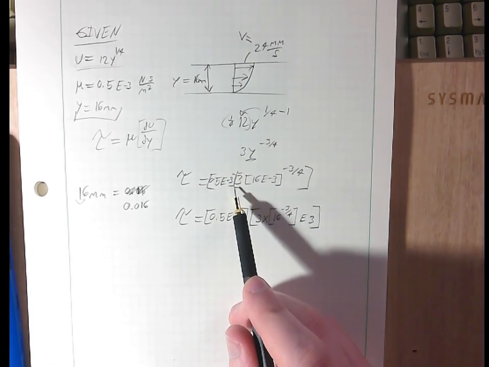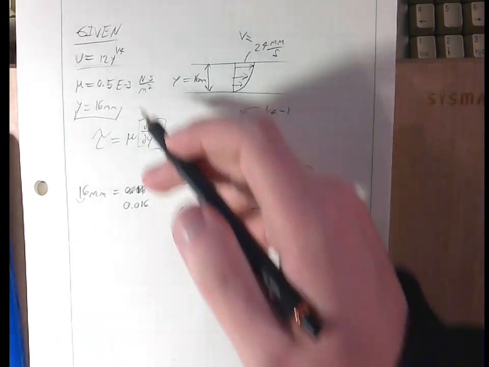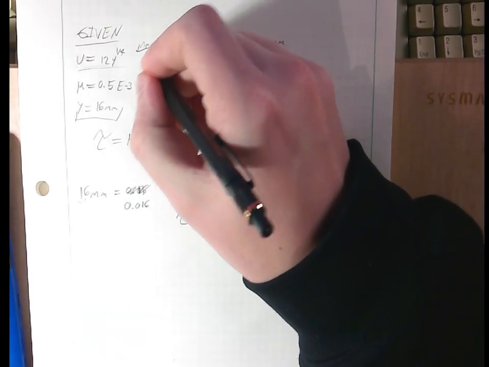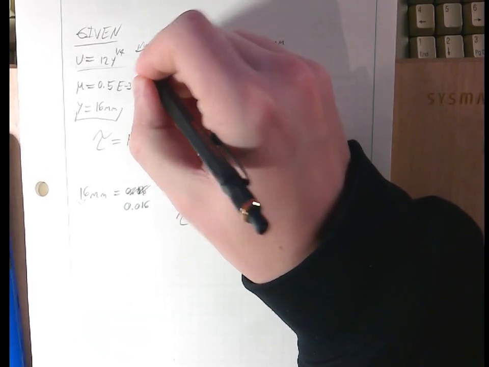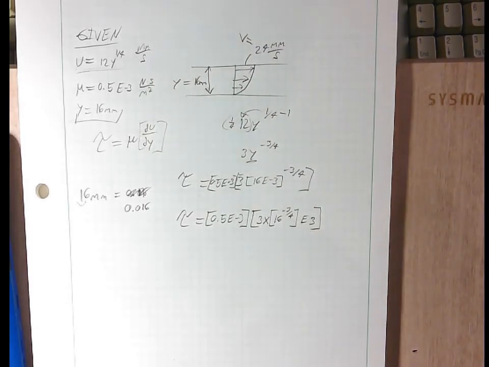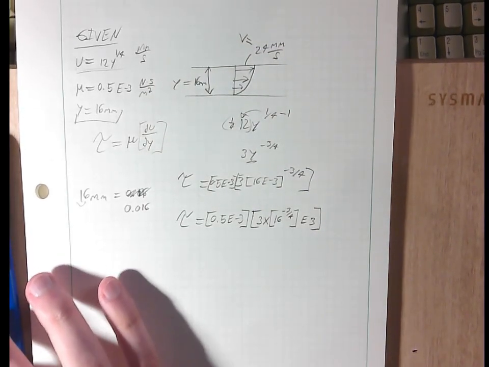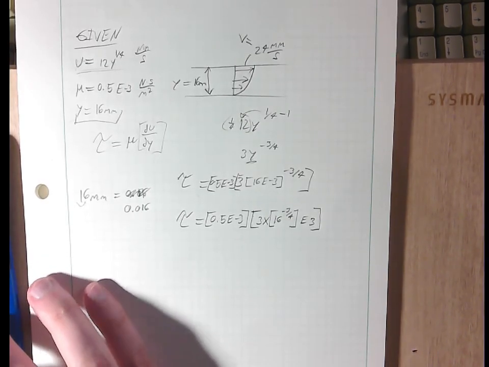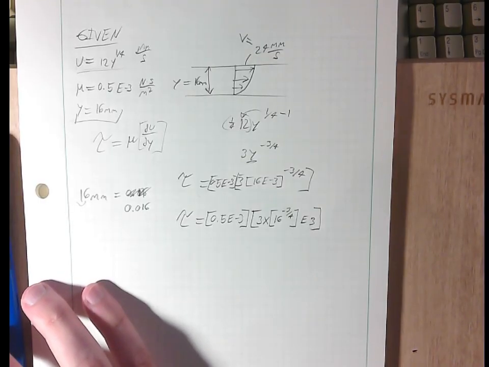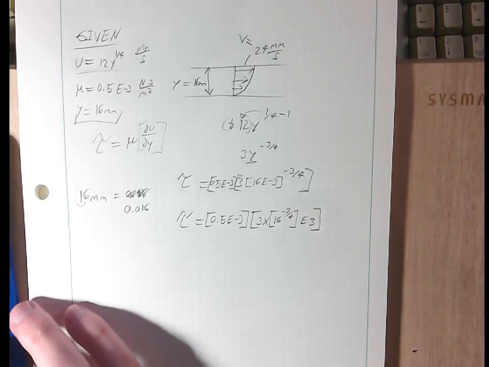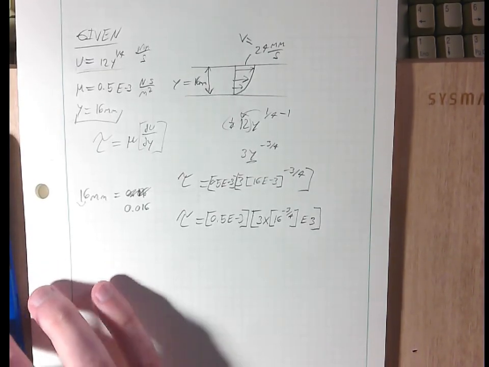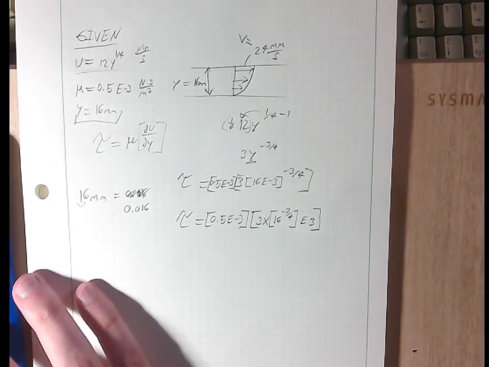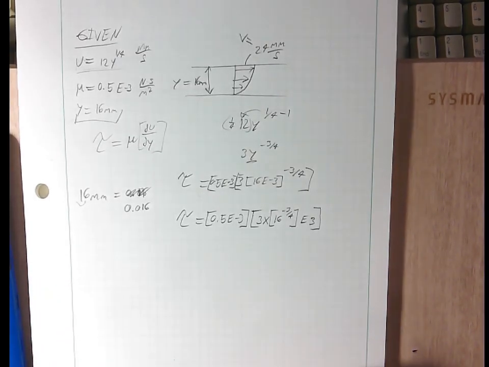Is there any units? I should have wrote those. This is like millimeters per second. So this is, again, 1 millimeter becomes 1 milli e to the negative third base.